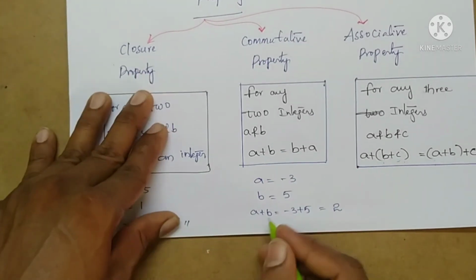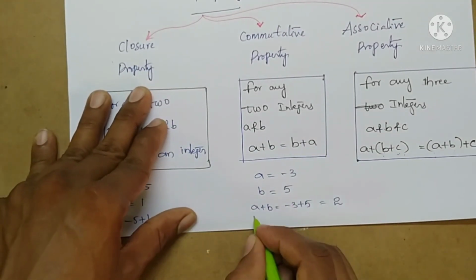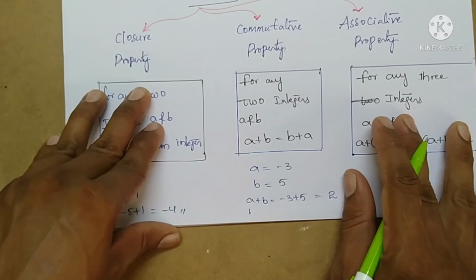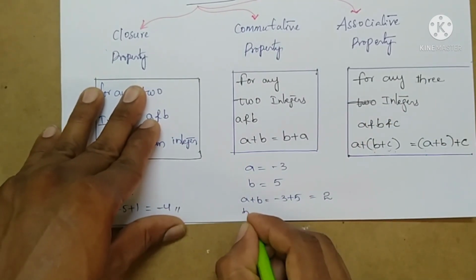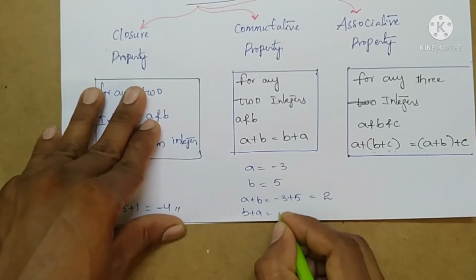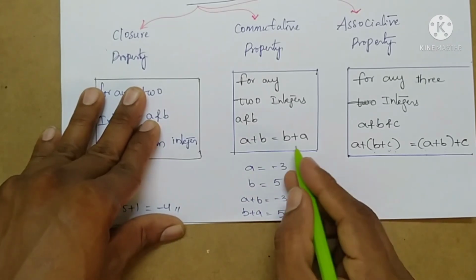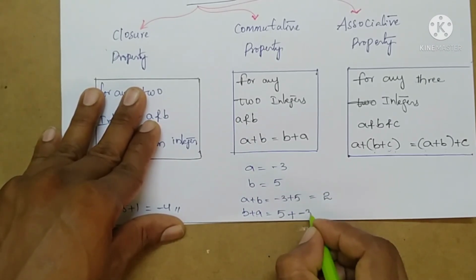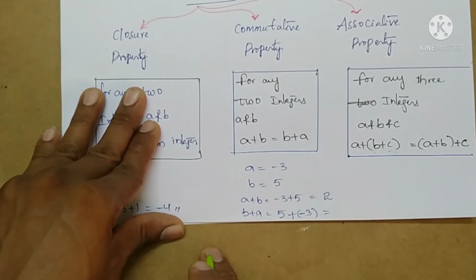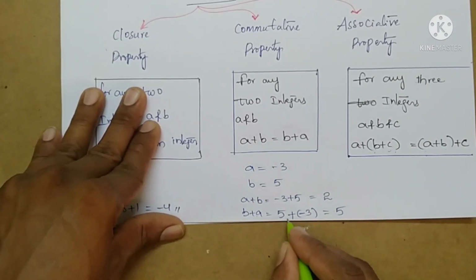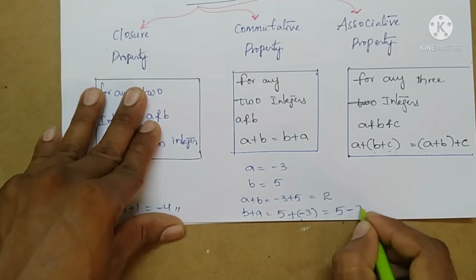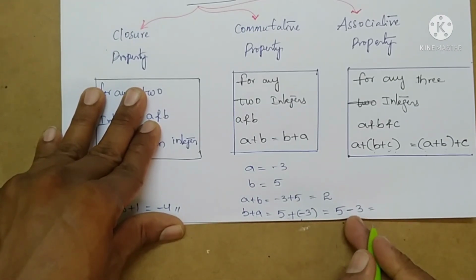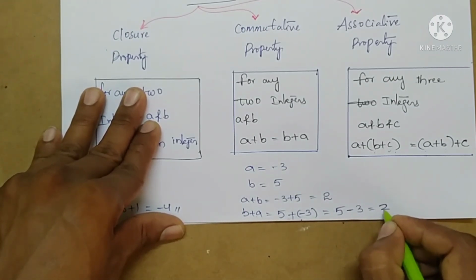Next, let us find b plus a. B plus a is 5 plus a, and here a is minus 3, right? So that is 5 plus minus 3, which is 5 minus 3. What is the result? Plus 2.